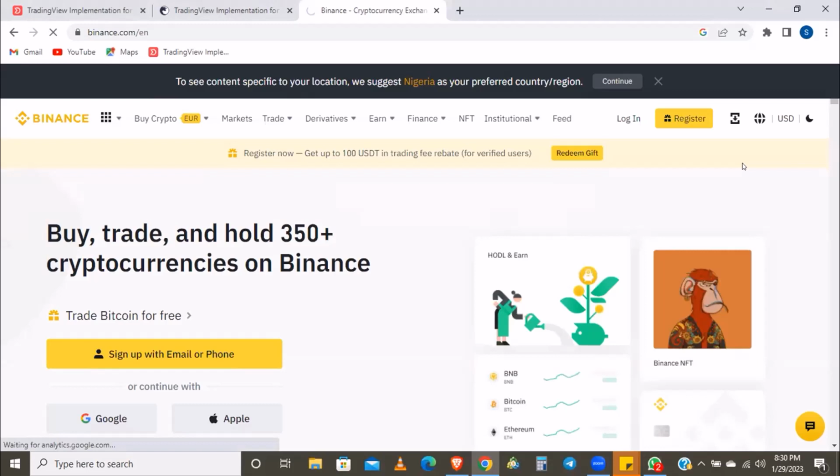I think it will be faster that way, because a lot of us use phones to actually trade.